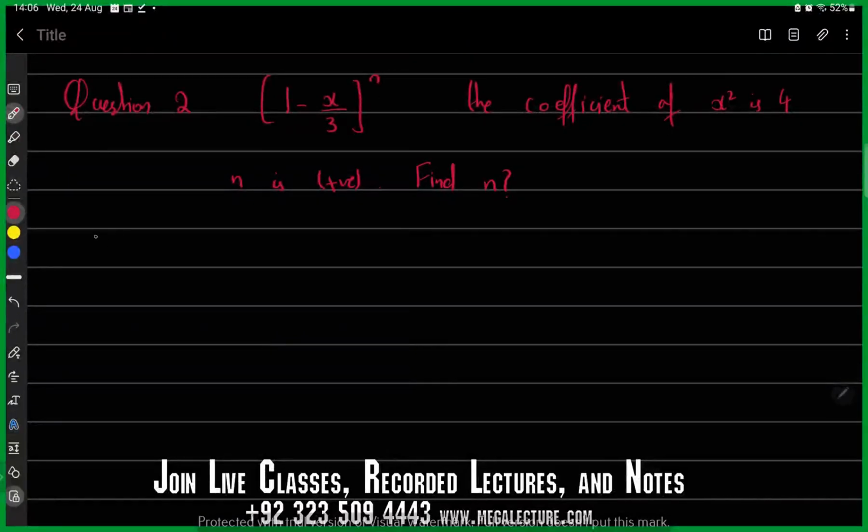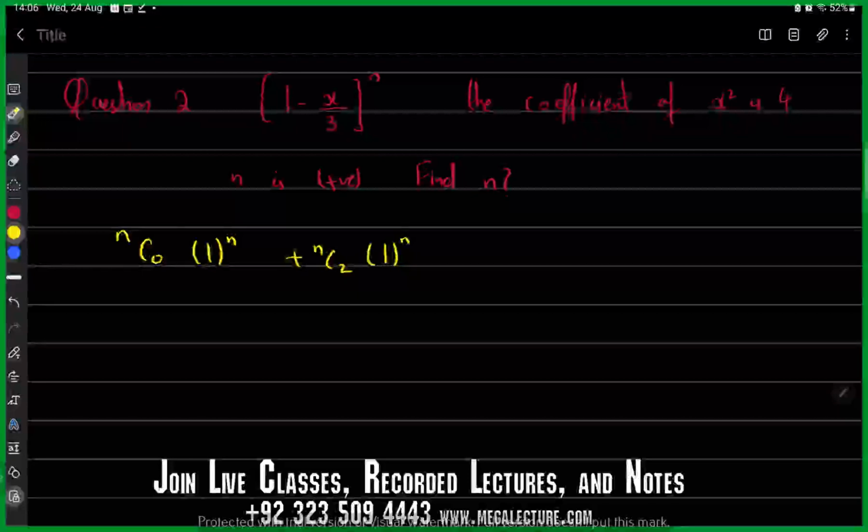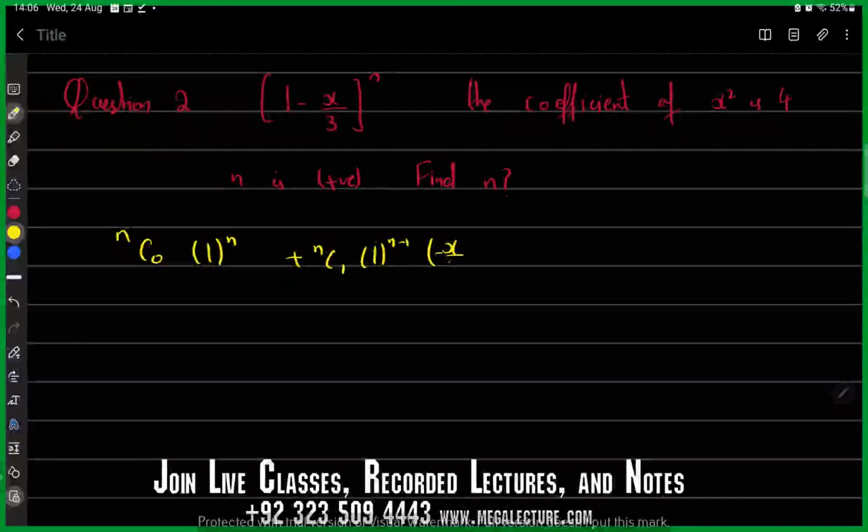For the first term, we write it down this way: nC0, and then 1 to the power n. Then the second term is nC1, 1 to the power n minus 1, and then minus x divided by 3.